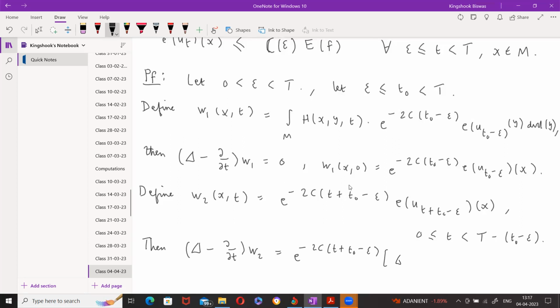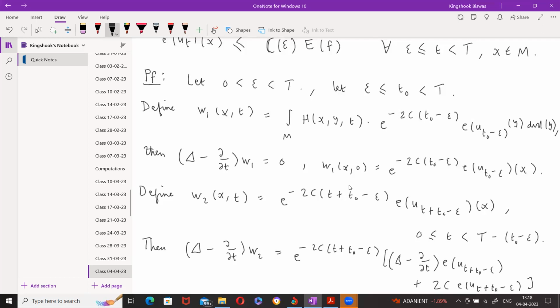will be delta minus del t of e of u t plus t naught minus epsilon plus, so this minus 2c, when I take minus del del t, will give me a plus 2c E of u t plus t naught minus epsilon.